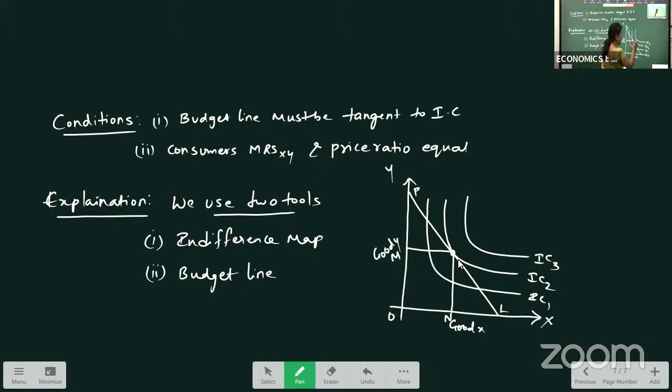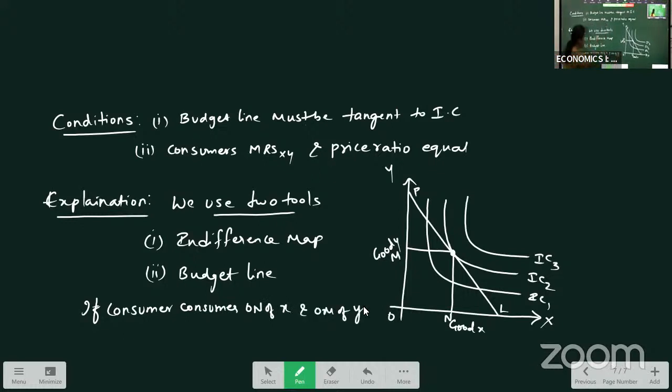So at this point, my income is sufficient to get the maximum satisfaction. Okay. So if the consumer consumes ON of X commodity and OM of Y commodity, he will be getting maximum satisfaction with his income.